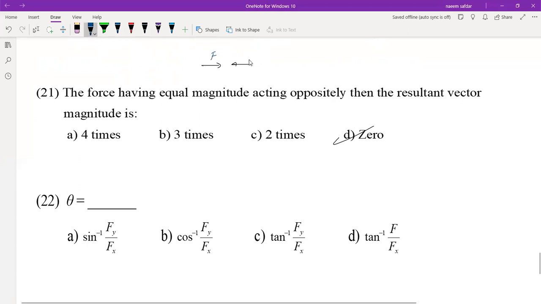Let's suppose both have magnitude of 10 Newton and both are acting in opposite direction, so they cancel each other. The net force will be 0 Newton. जब भी forces opposite direction में होंगी, net force 0 होगी, but उनका magnitude same होना चाहिए. Equal magnitude given है और opposite direction. इस केस में हमेशा resultant force 0.